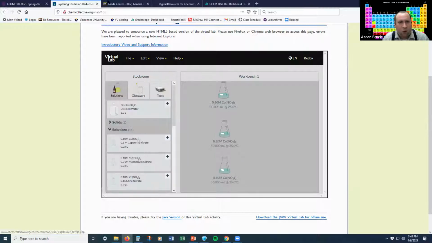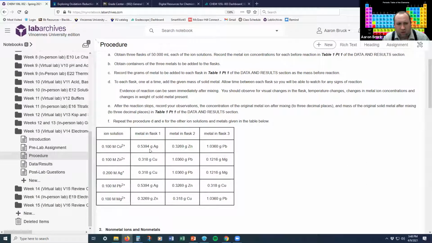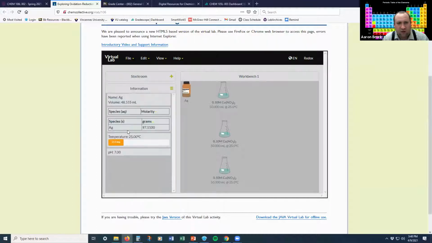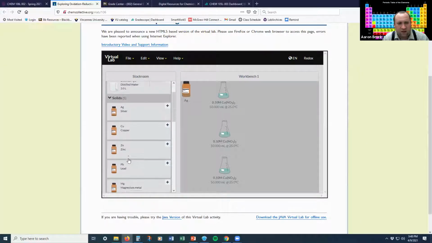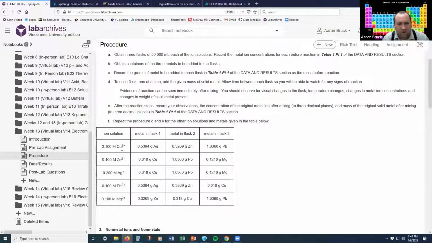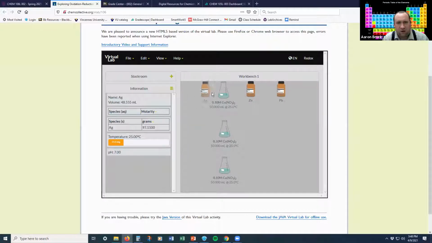And to one of them, I am going to add silver. To one of them, I am going to add zinc. And to one of them, I'm going to add lead. So let's start with the silver. We also need the zinc and the lead. So in the first one, I need to add 0.5394 grams of silver.